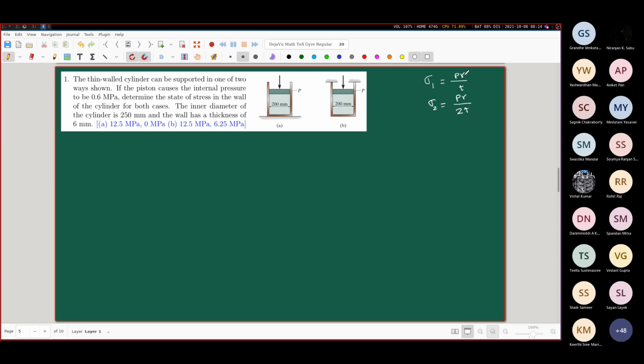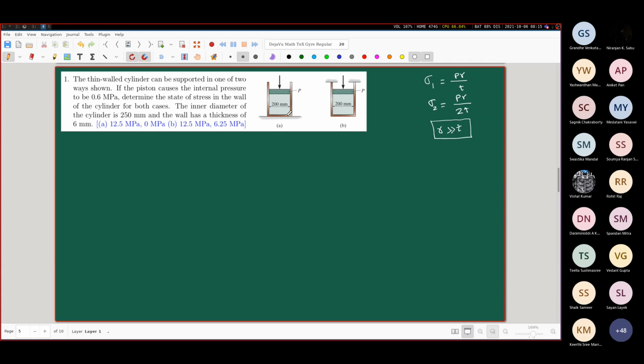So please note that we have this ratio of R by T, and these formulas are applicable only when R is much greater than T. Okay, please remember this. Now, this is certainly true here, that the radius, which is 125 millimeters, the inner radius, is significantly larger than this thickness of 6 millimeters.